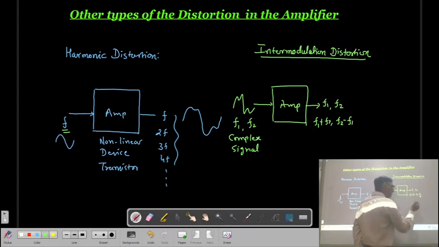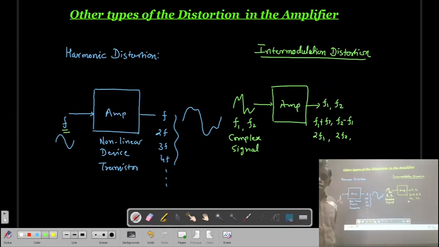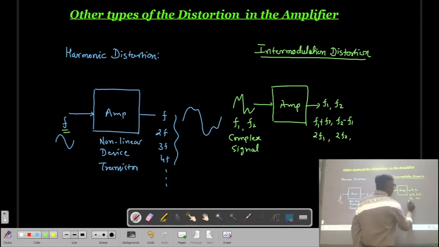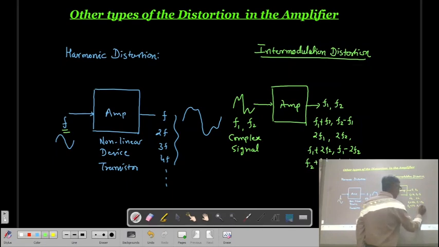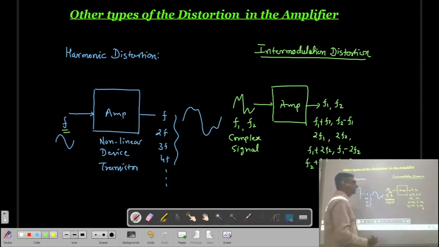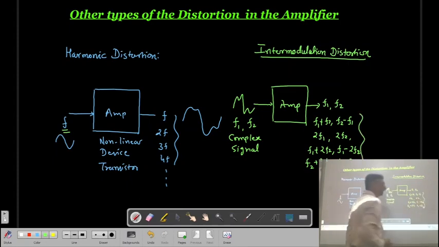In the same way the harmonics will also be there: 2F1 will be produced, 2F2 will be produced. Then again there will be addition and subtraction of the harmonics, so you will get F1 plus 2F2 and F1 minus 2F2, as well as F2 plus 2F1 and F2 minus 2F1.